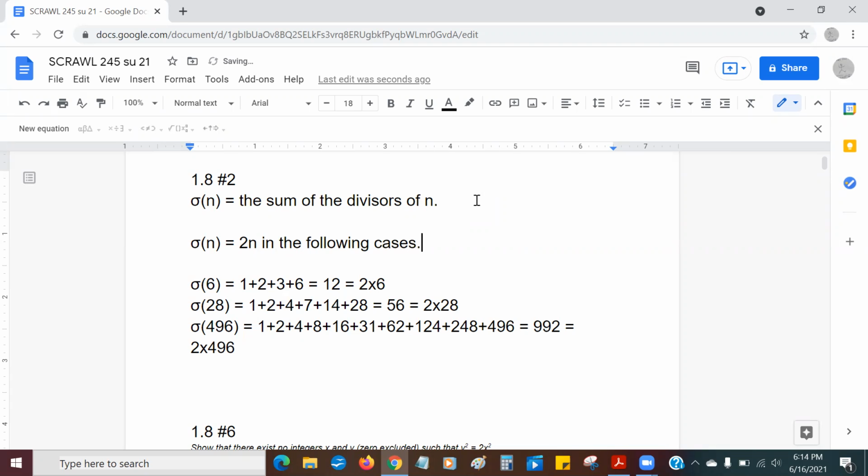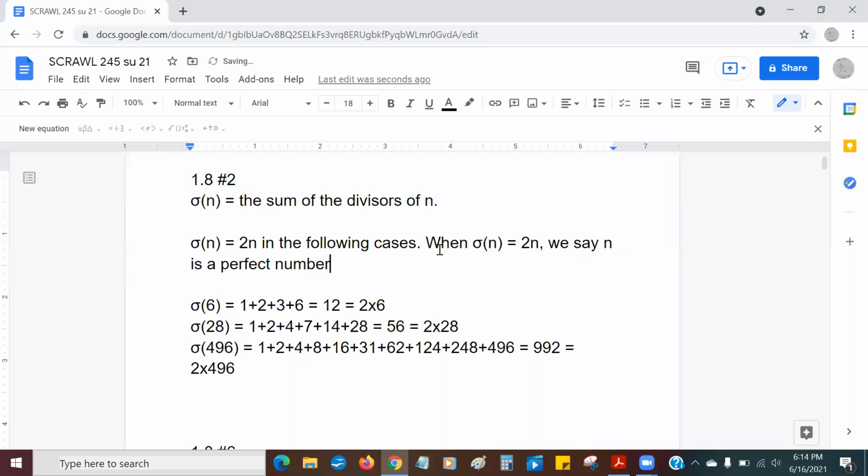But when that happens, when sigma of n equals 2n, we call it a perfect number. When sigma of n equals 2n, we say n is a perfect number.